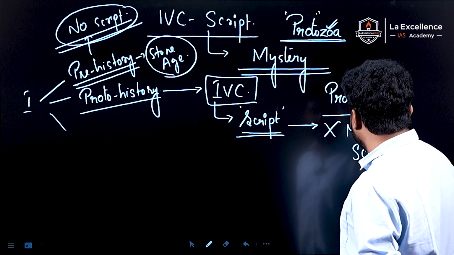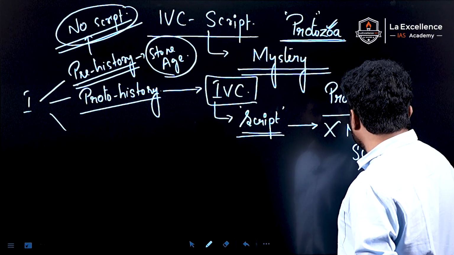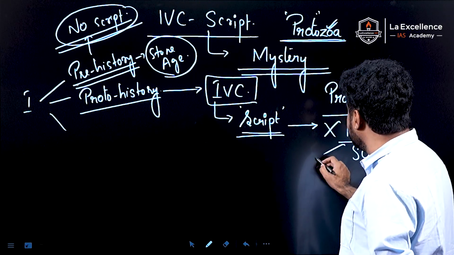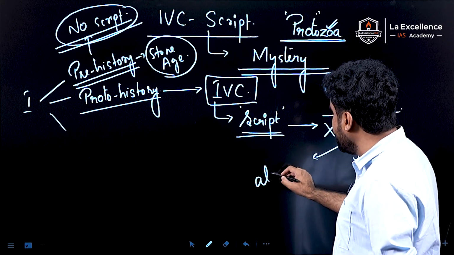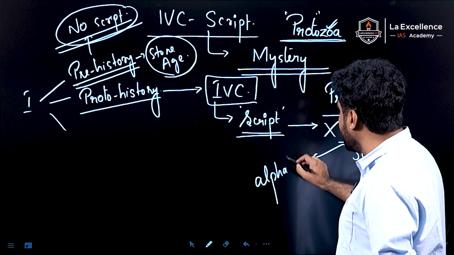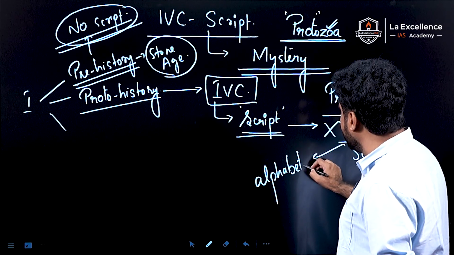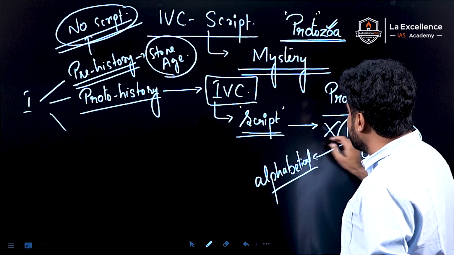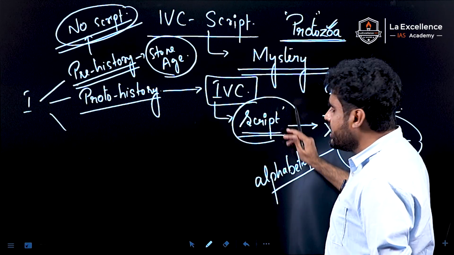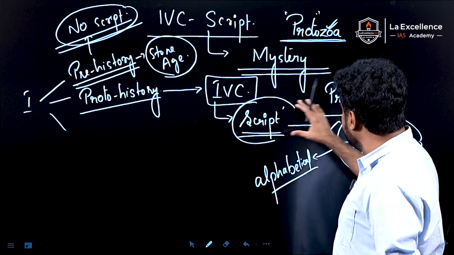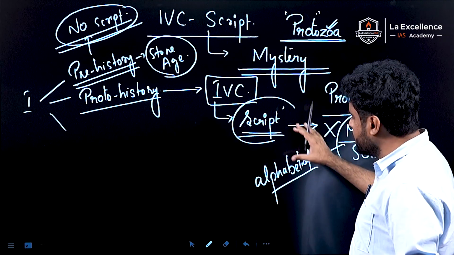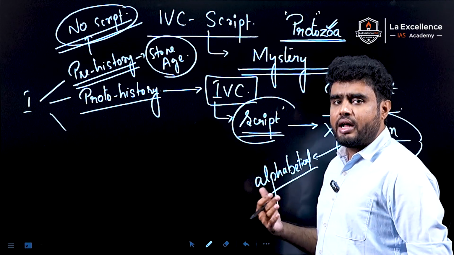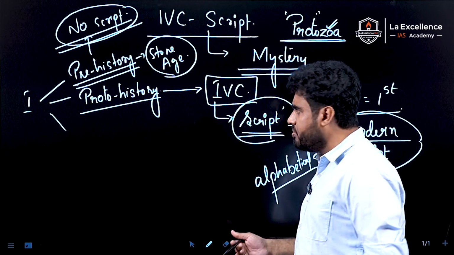All the modern day scripts we use today are mostly based on the alphabetical nature. So the alphabetical mode of script is used by modern man today, but the Indus Valley Civilization script does not resemble it.